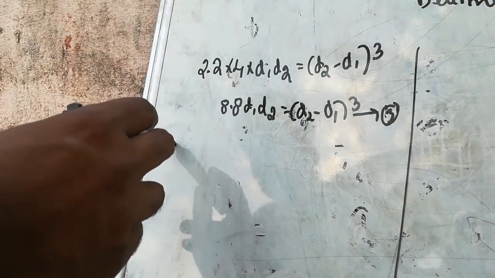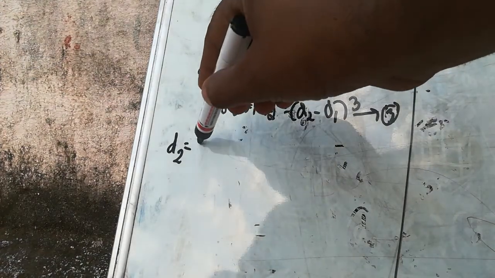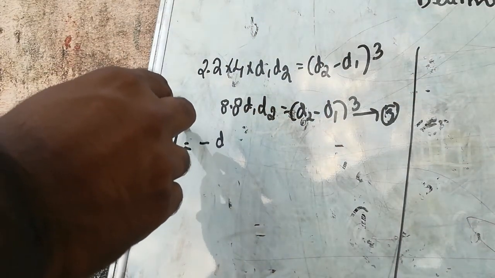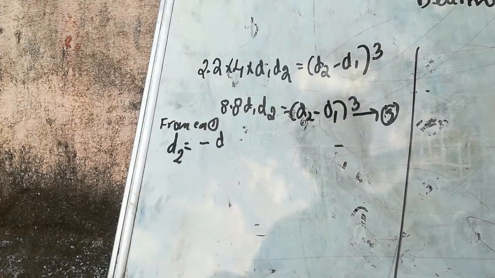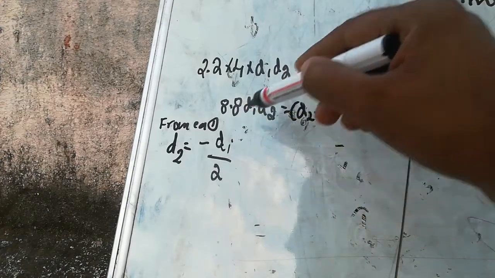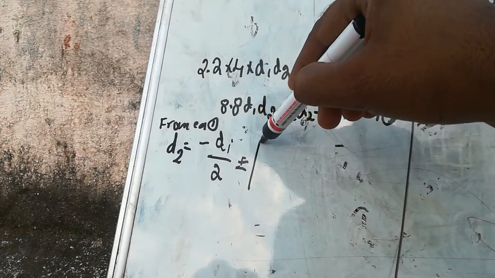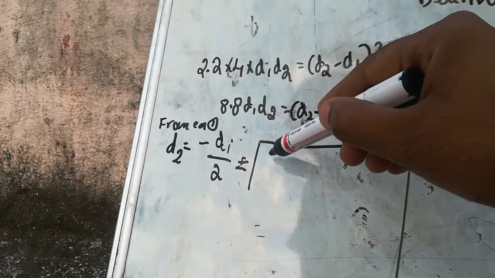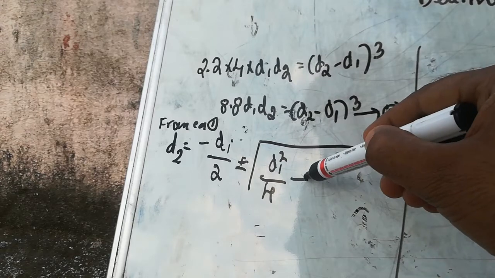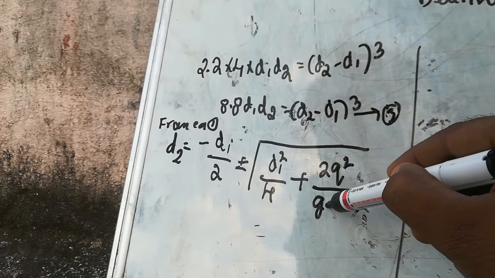From equation 1, we have d2 is equal to minus d1 by 2 plus or minus the square root of d1 square by 4 plus 2 q square by g d1.